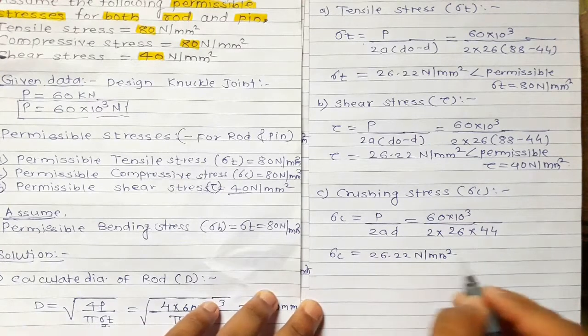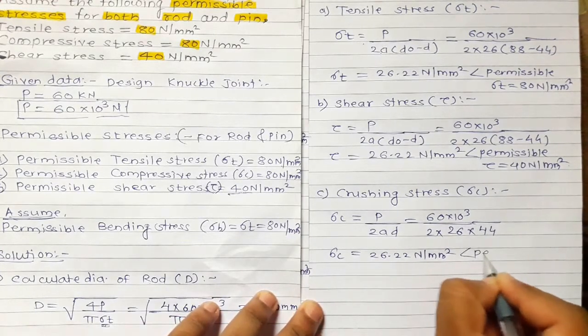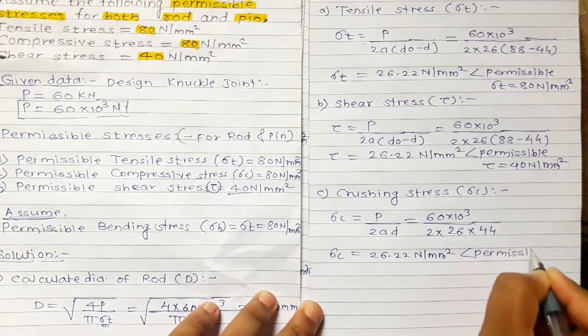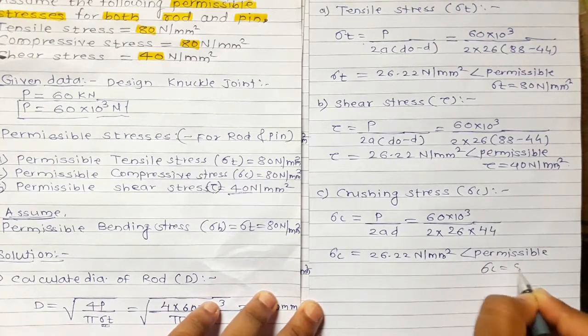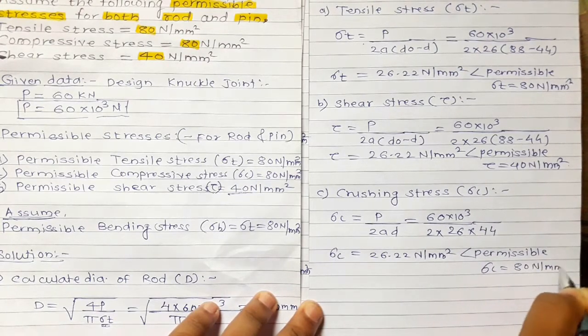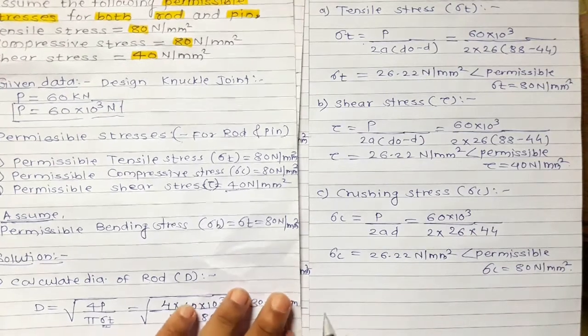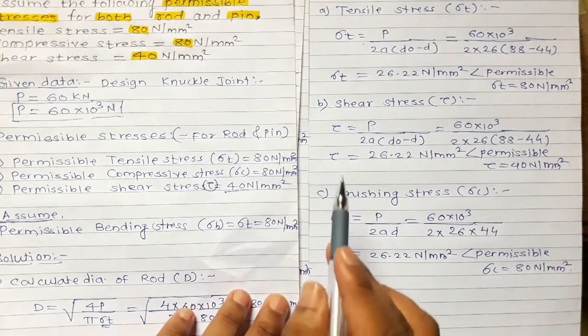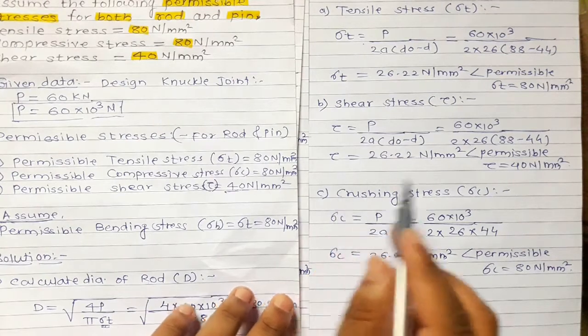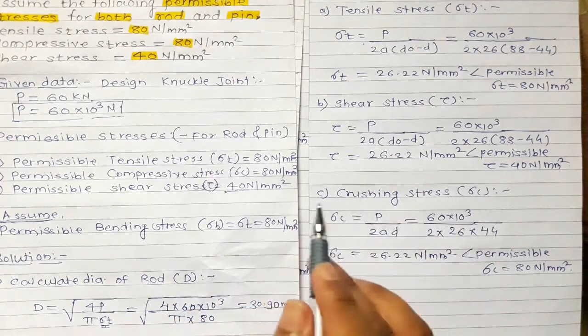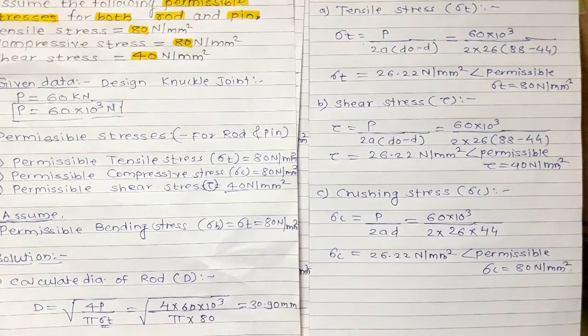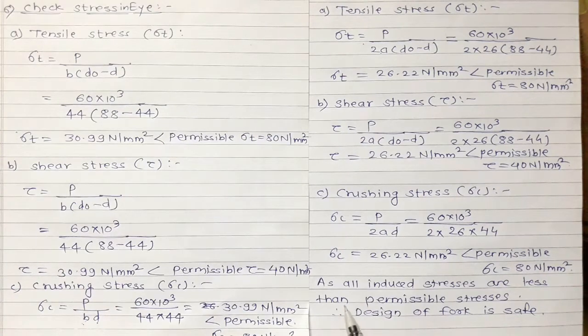So thus the induced crushing stress is less than permissible compressive stress, which is equal to 80 Newton per mm square, and therefore we have to write the statement like we have written for I, that is, as all the induced stresses are less than permissible stresses, therefore design of fork is safe.